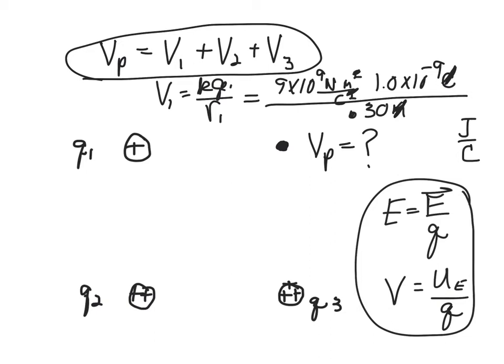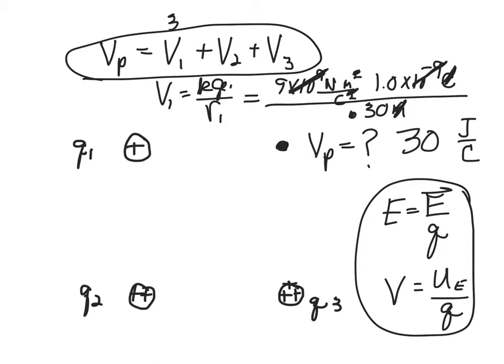potential. And once again, just to make calculations easy, there's a 10 to the 9 and a 10 to the minus 9. They cancel, and that leaves you with just 9 times 1 divided by 0.3. And so this value would be 30 joules per coulomb.